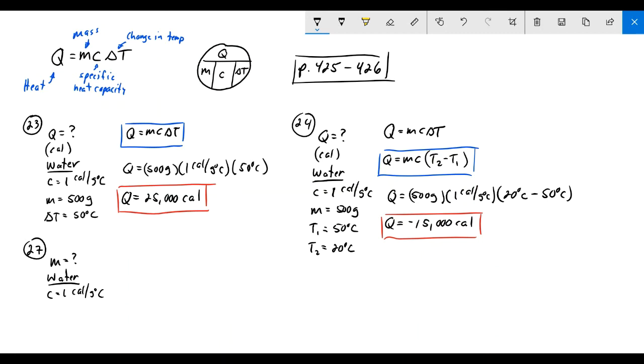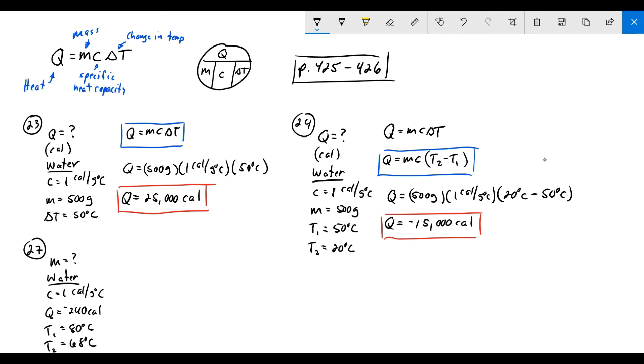And for this problem, we have given off 240 calories. So that's a negative. We have an initial temperature of 80 degrees Celsius, and a final or second temperature of 68 degrees Celsius.